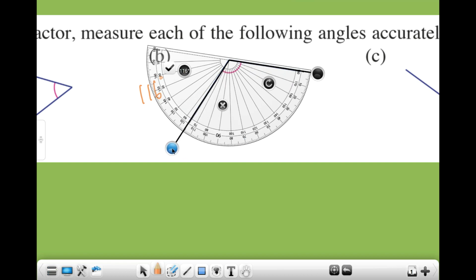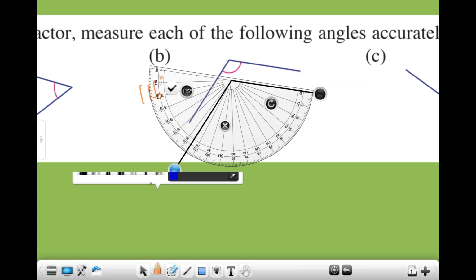Exactly the same. Okay, this one will be more accurate. So the reading is using the exterior scale here. So you can see 0 until 90, 100, 110, 115. Okay, so the angle is 115 degree. I wonder how come I cannot write there.